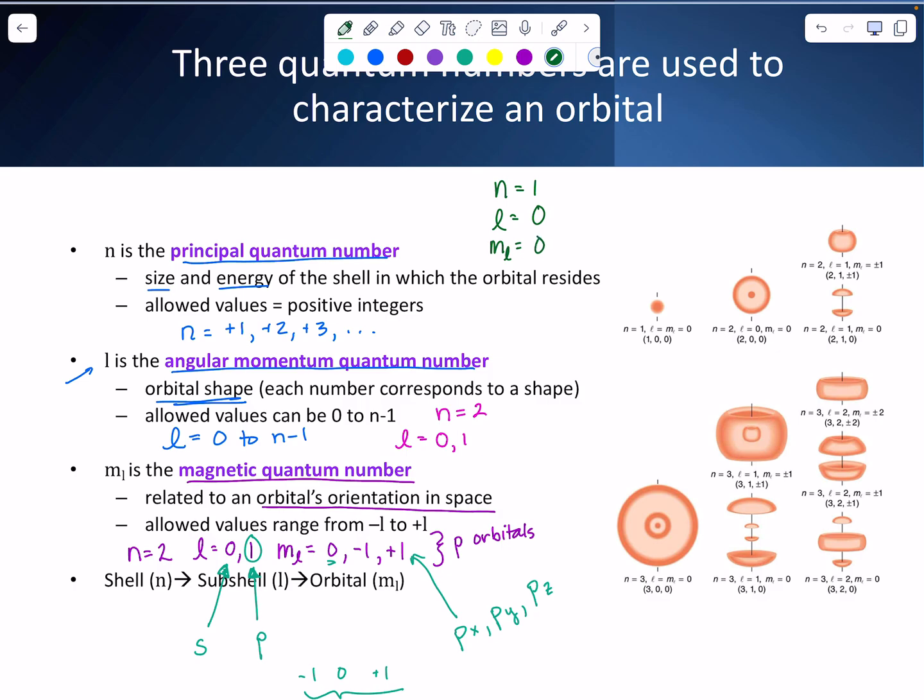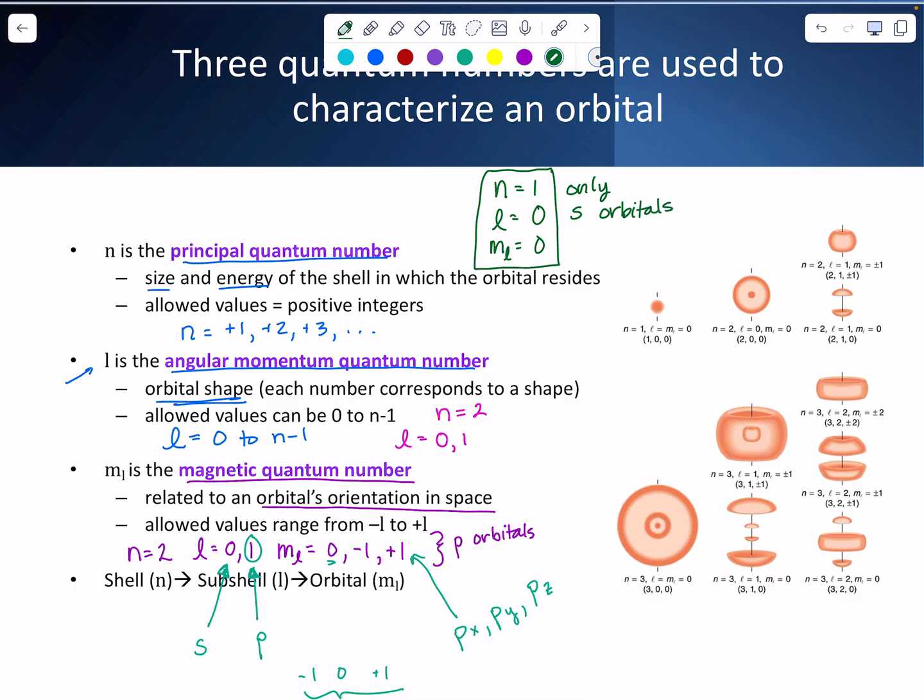So what this tells us is that when n is equal to 1, at that first energy level, we only have s-shaped orbitals. So only s orbitals at that lowest energy level.